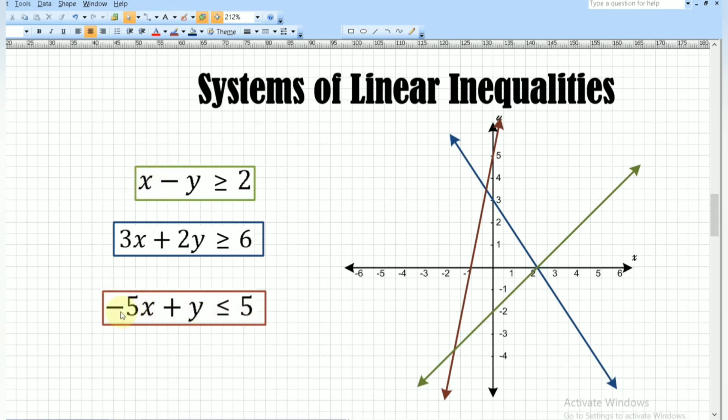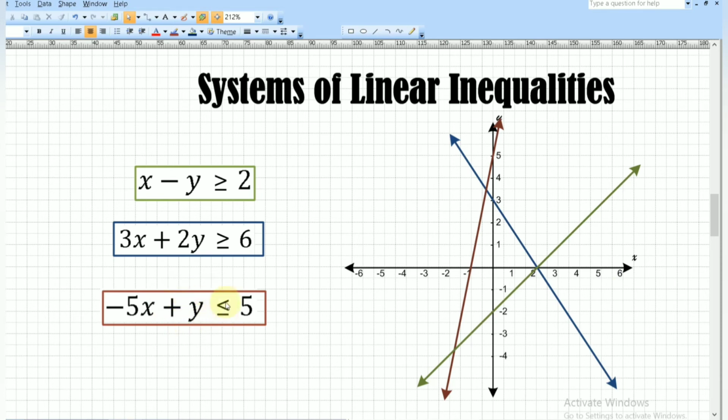Okay, start from the last one: negative 5x plus y less than or equal to 5. It means that you still need to see it from the perspective of y, but keep in mind it must be positive y. The y coefficient is positive, so it's good.